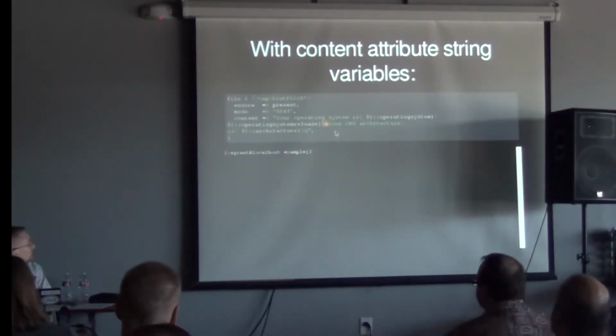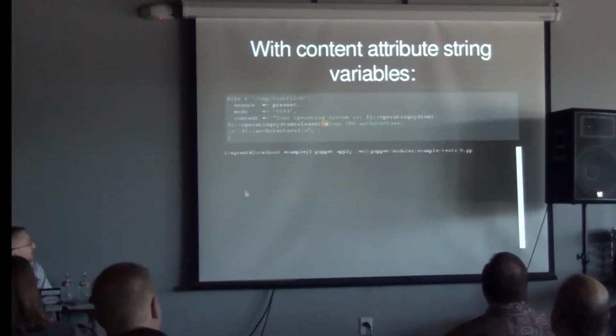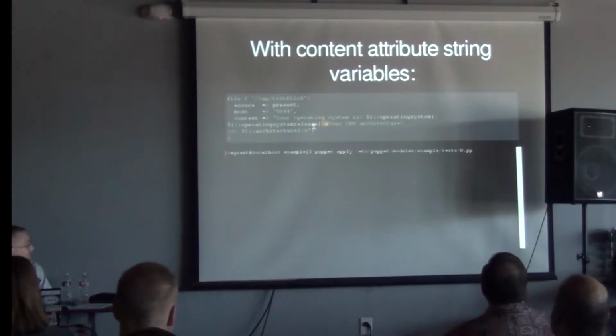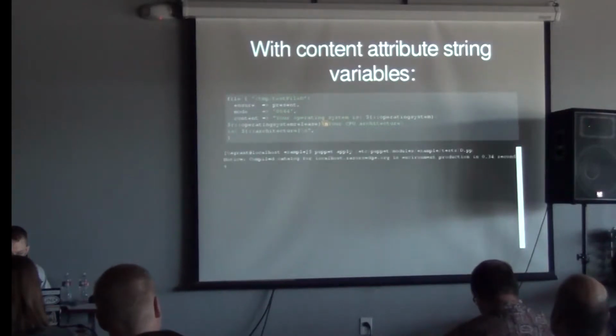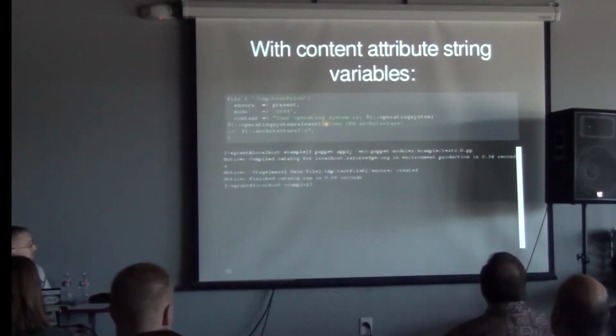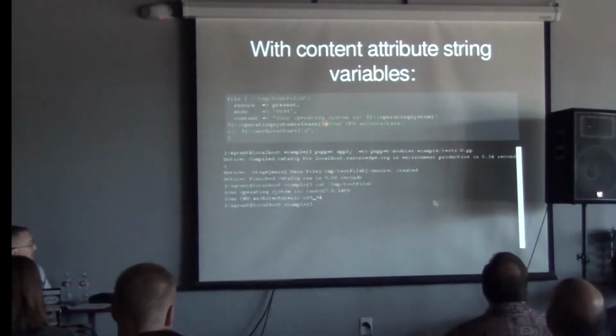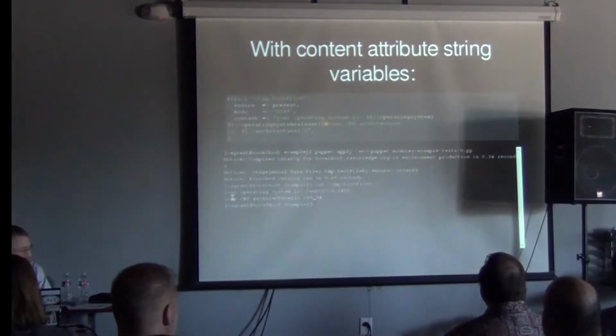So this is also a way of doing variable substitution with that content parameter. We're going to grab some variables called operating system release, as well as architecture, and we're going to have some dynamic output in the file that gets written out. You'll see we have two lines.